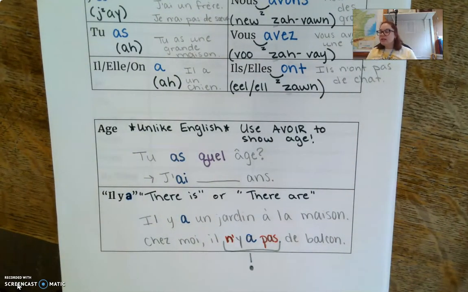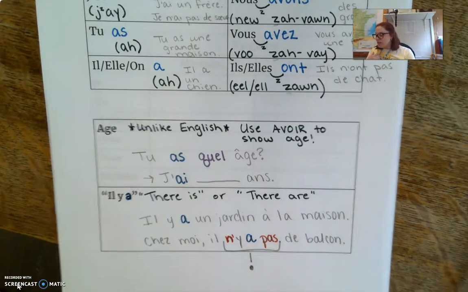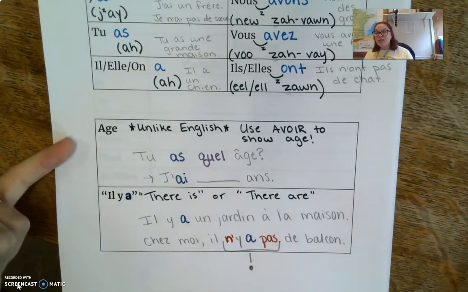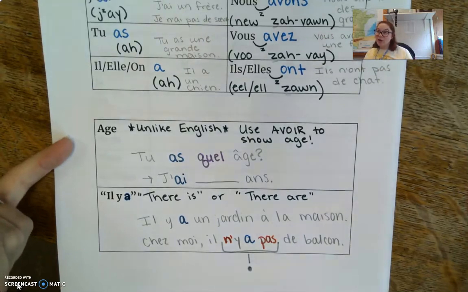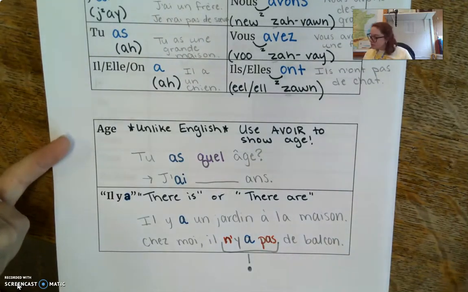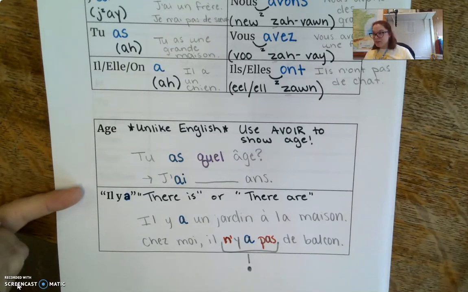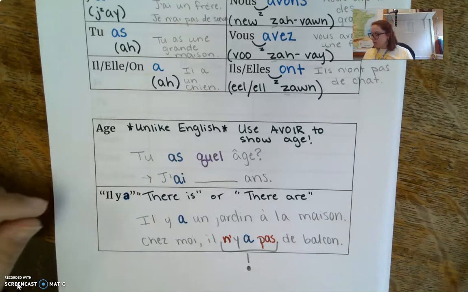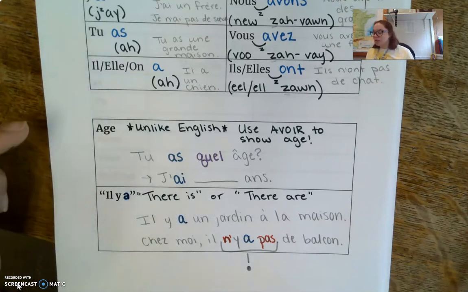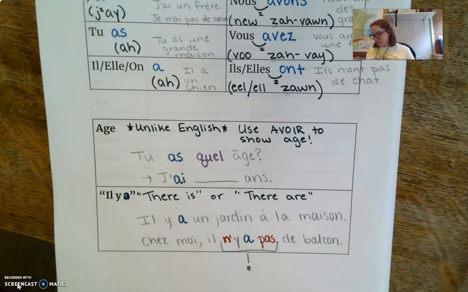So that is a little bit about the verb avoir. We've got our conjugations. We've got some examples of how to use it other than just showing possession, like I have a dog or you have a house. So we can use it with age and with the phrase there is or there are. So you can see that there are some places where the verb avoir is used like the verb to be in English.